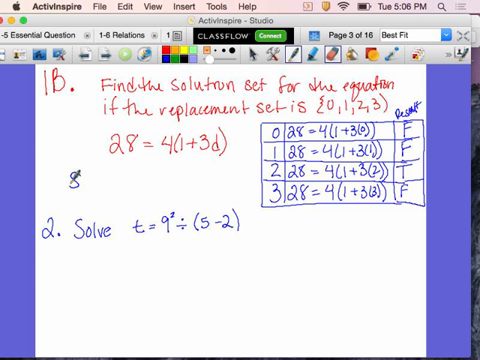So your solution set is, so you need your set brackets. That wasn't a very good copy of those brackets. So you need your squiggly brackets, and the solution is 2.